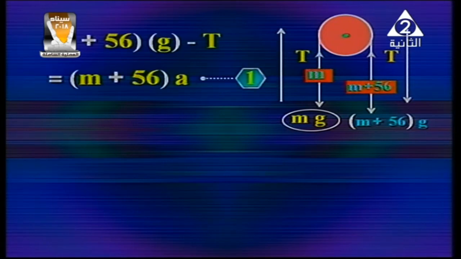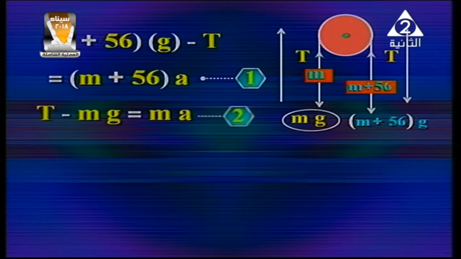Look at the solution. We have two bodies, m plus 56 and m. The first equation of motion: (m plus 56)g minus T equals (m plus 56)a. The second equation: T minus mg equals ma.